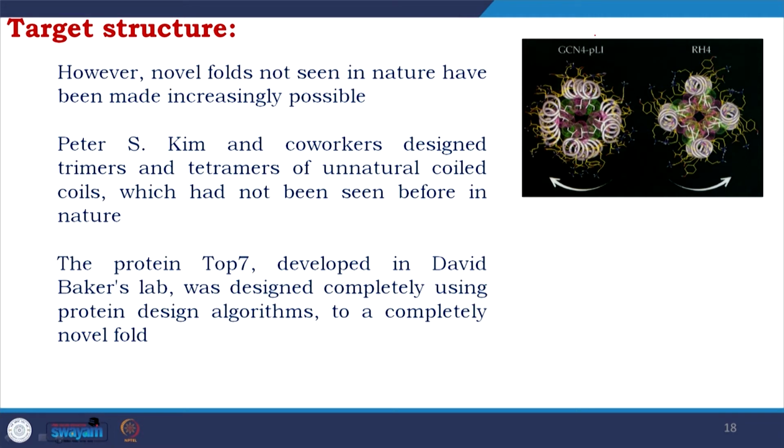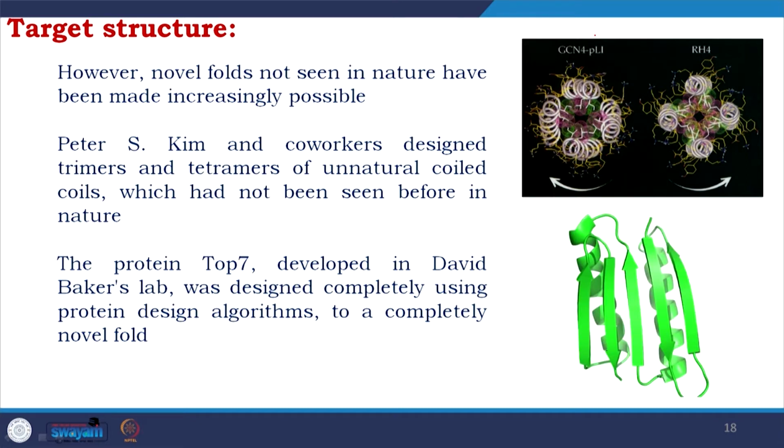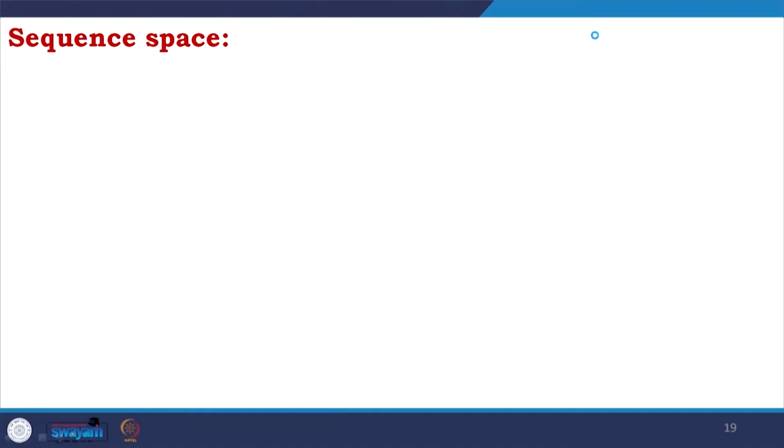The protein Top7 developed in David Baker's lab was designed completely using protein design algorithm to a completely novel fold. So, this protein you are looking at, it is Top7, it is providing a fold which is completely novel, not achieved or not made by nature.